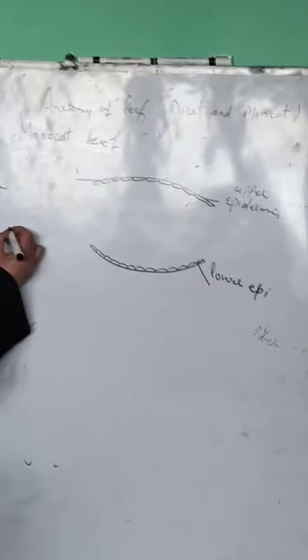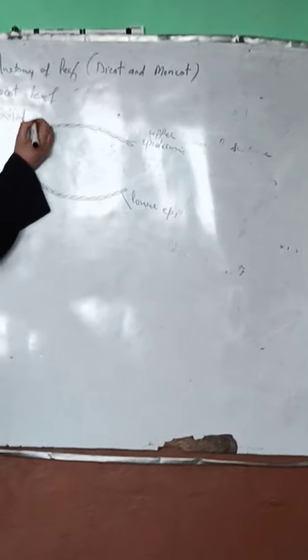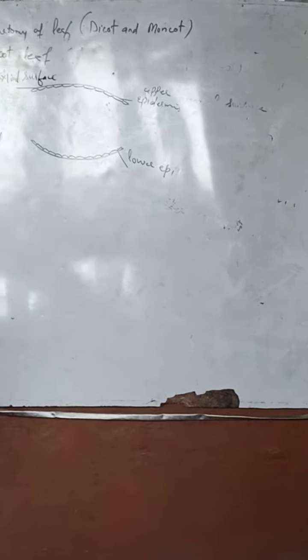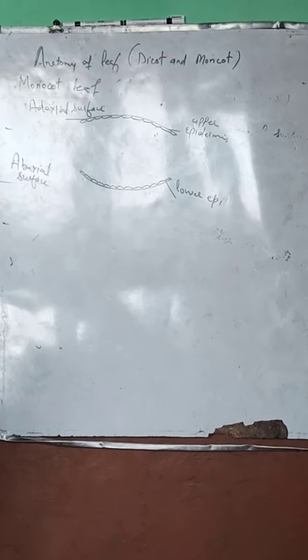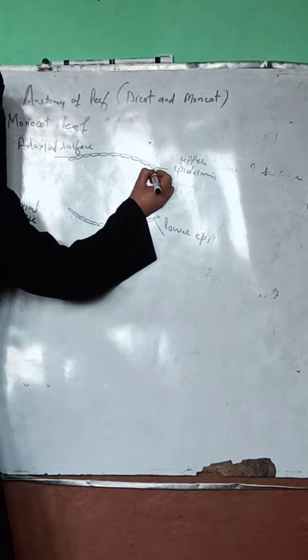Then this is abaxial surface, and this is adaxial surface. So there are some cells which we call as bulliform cells.